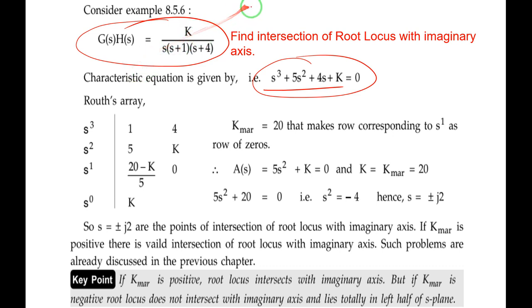Poles are located at 0, minus 1, minus 4. Are there any complex conjugate poles here? No. If there are complex conjugate poles or zeros, only then is rule number 8 applicable. Or else we can skip rule number 8 while drawing the root locus.